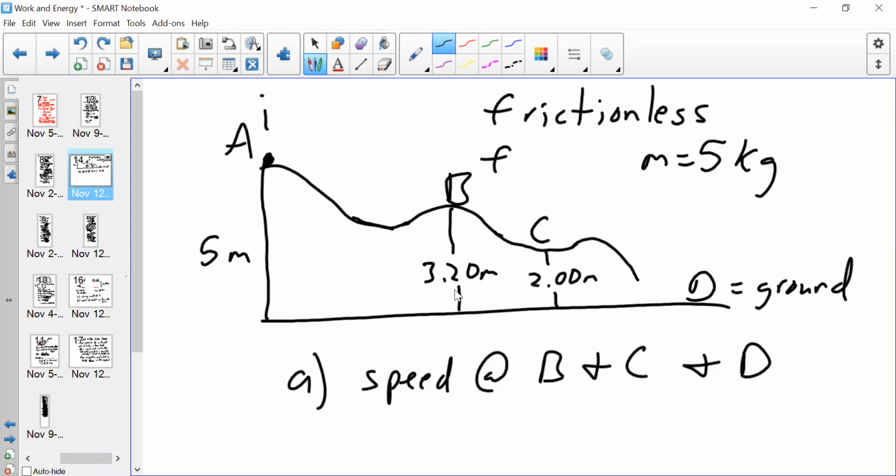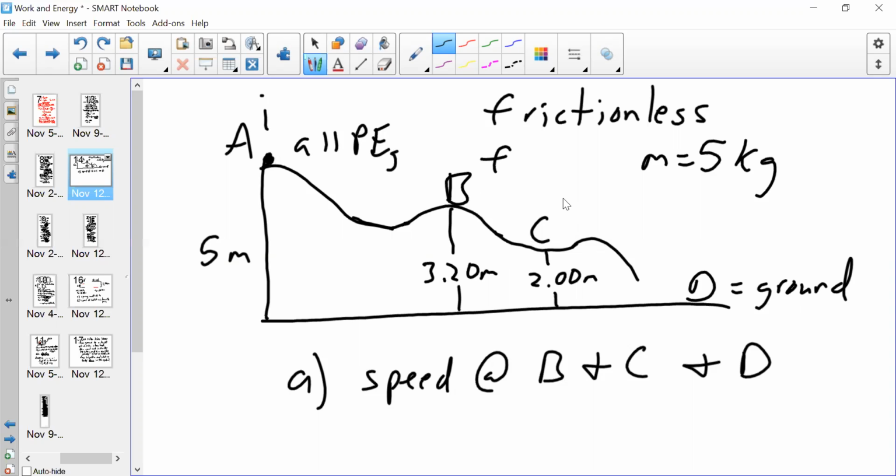Because from A to D, let's say, is going to be a continual conversion of potential into kinetic at the ground. But in the meantime, we're gradually losing potential and gaining kinetic, because it goes from this maximum height, which is all gravitational potential, and at the ground, it's going to be all kinetic.